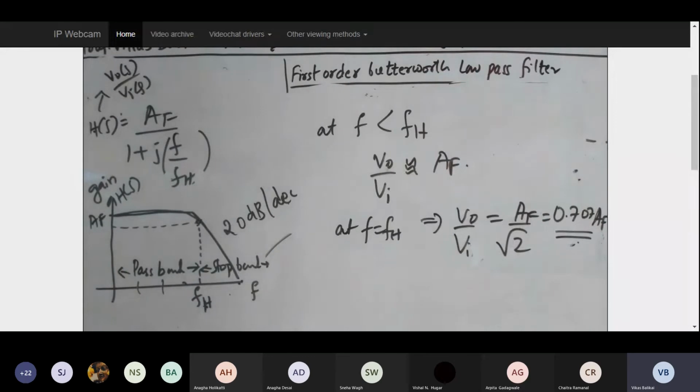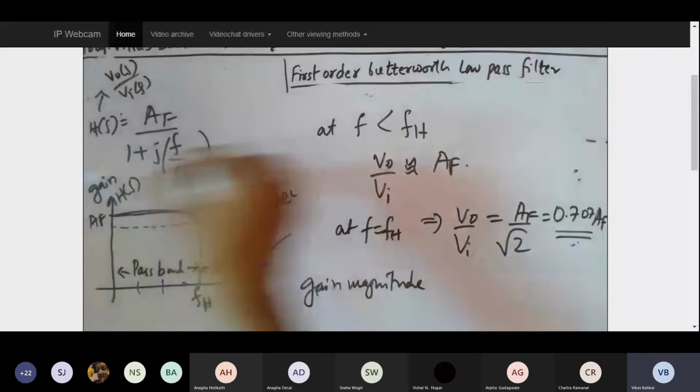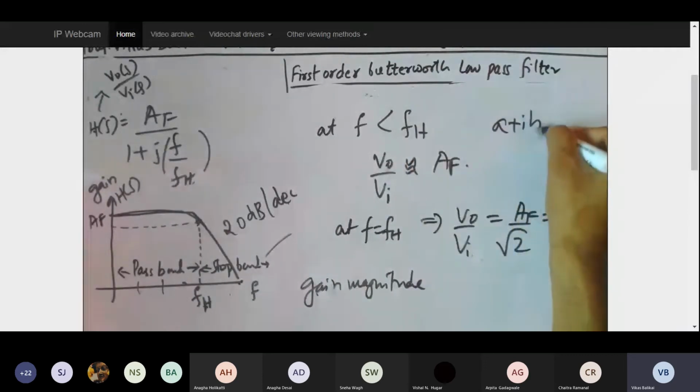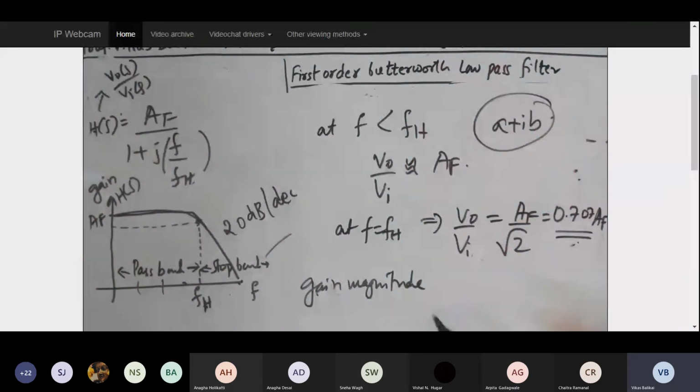And if I want to talk about the phase angle, or if I want to represent the gain magnitude, since these are in the form of A plus jB polar form, to find the magnitude of the polar form equation I just write the square root of A square plus B square.